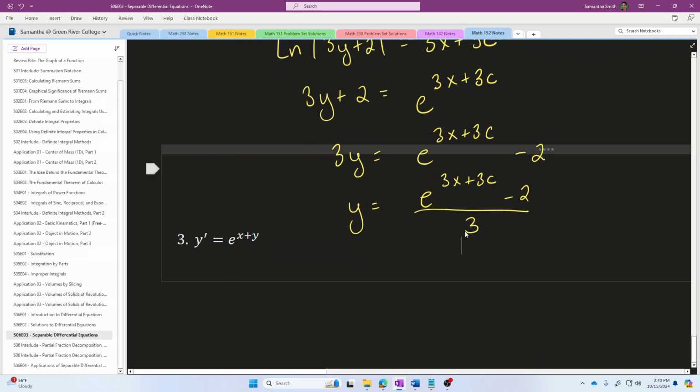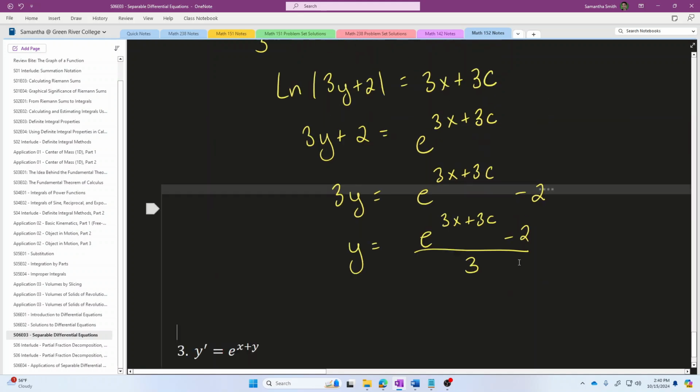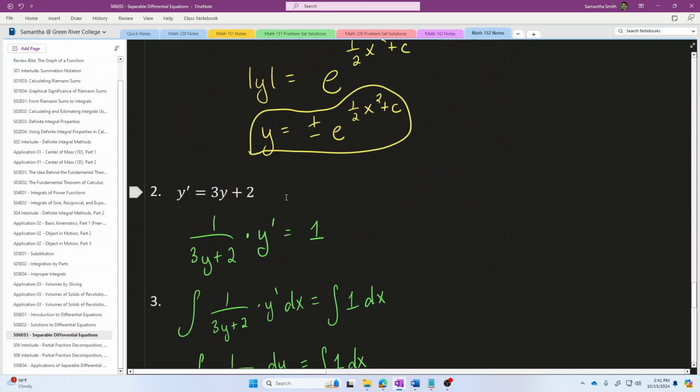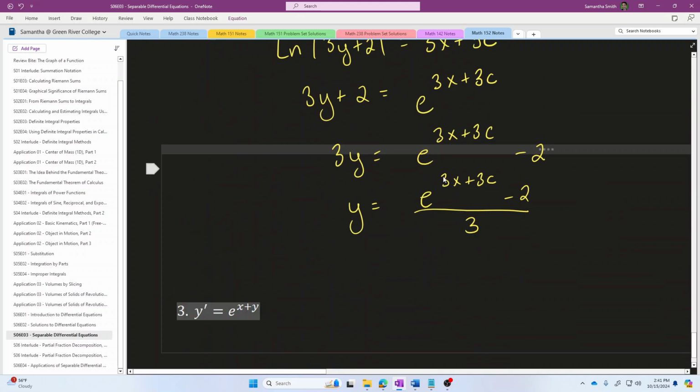So what we're saying is that this is the format of all the functions that make this equation true. The format of all those functions is e to the 3x plus 3c minus 2 all over 3.